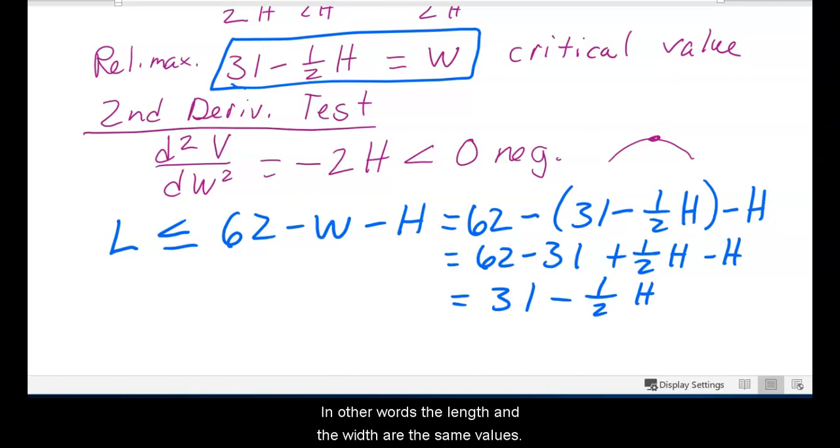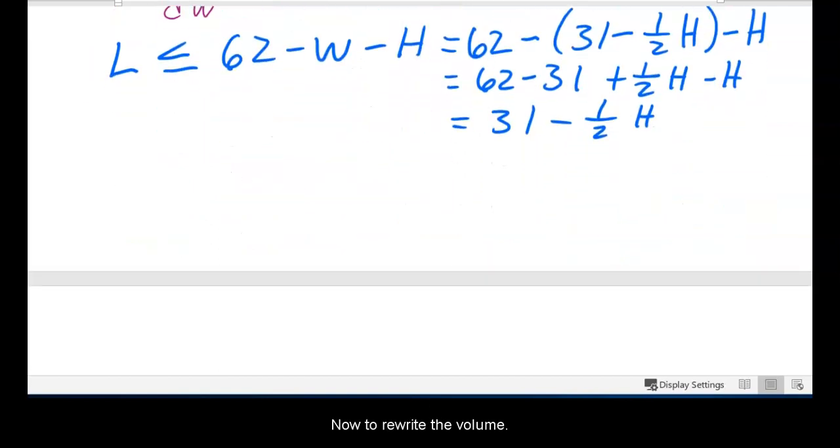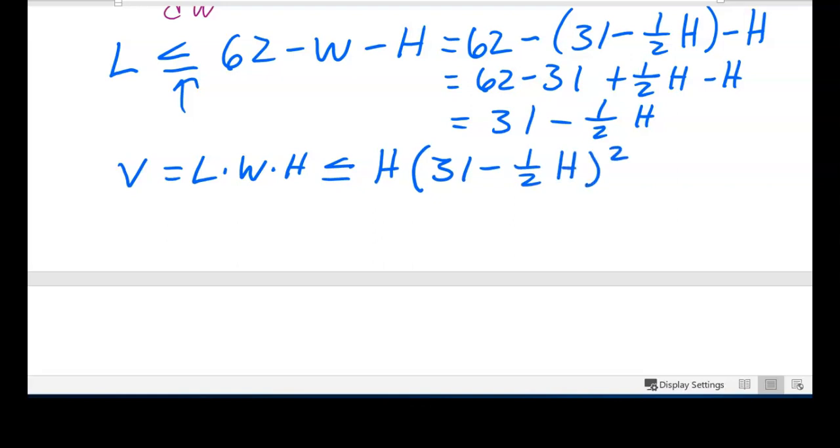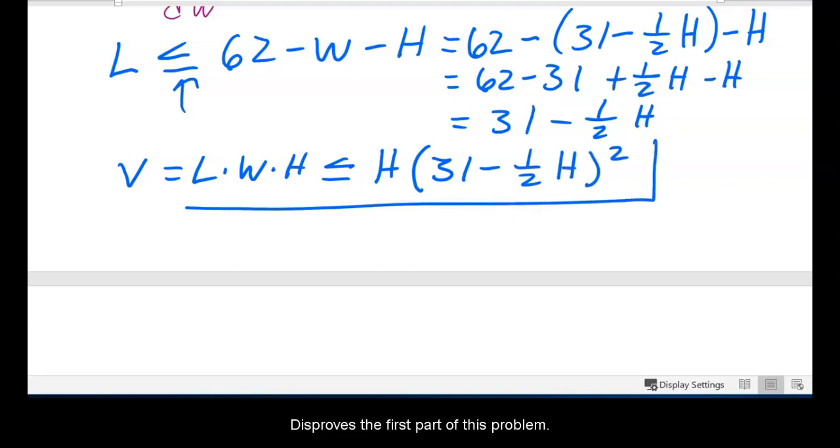In other words, the length and the width are the same values. Now to rewrite the volume, I can write that the volume, which is length times width times height, and because this is an inequality here, it must be less than or equal to the height times the length times the width, which are both 31 minus 1/2 the height. This proves the first part of this problem.